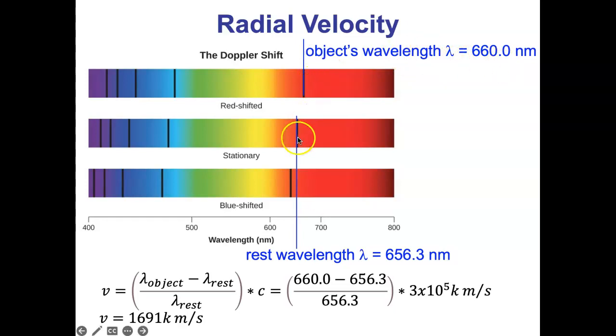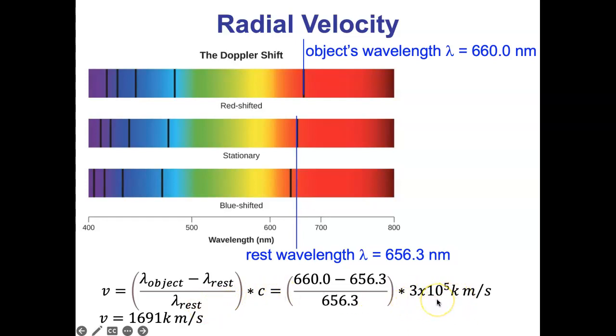And you go, okay, but what is the wavelength of that hydrogen line at rest? Well, the wavelength of that line at rest is 656.3 nanometers. And so you say, well then, 660 minus 656.3 divided by 656.3 times the speed of light, right?